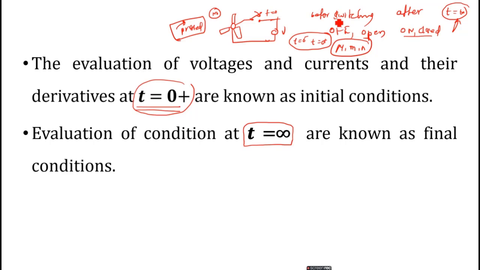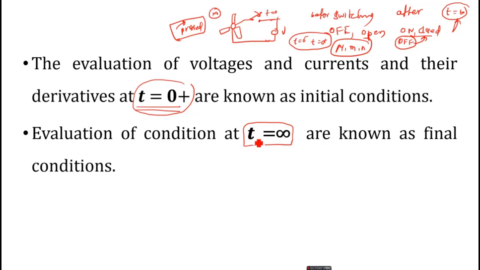So immediately before and after switching, you can say that the fan is in the off condition, because to get its speed it takes some amount of time, but we are talking in terms of milli, micro and nanoseconds. So immediately before and after switching, the fan is off. That will be discussed later.